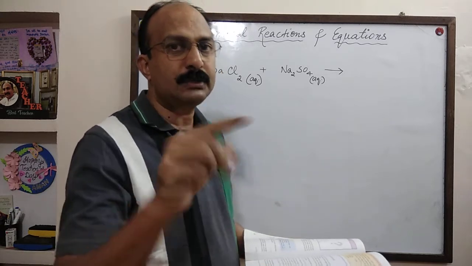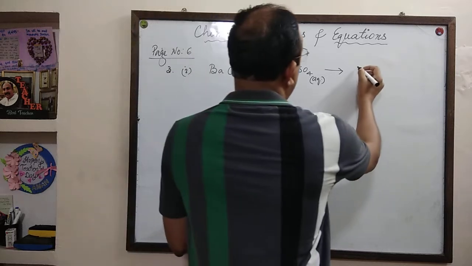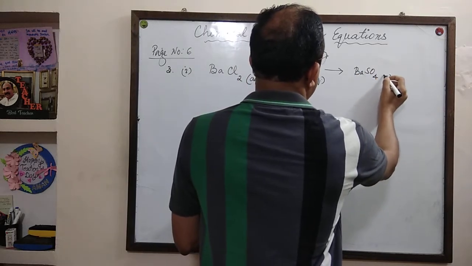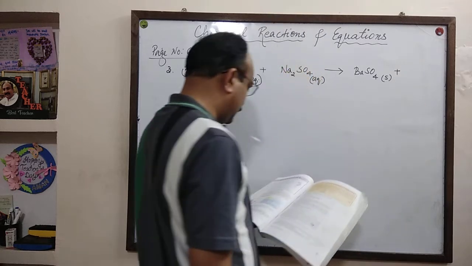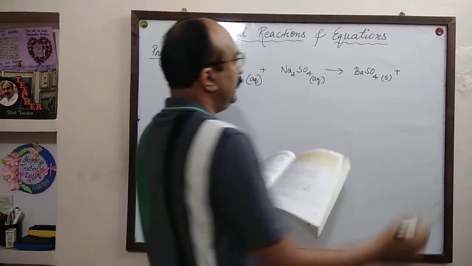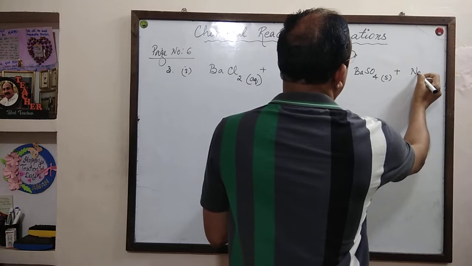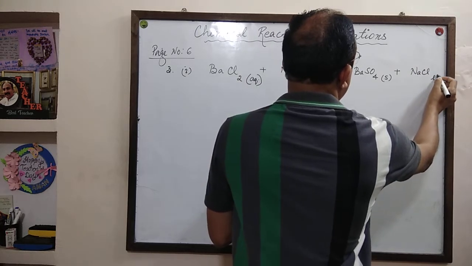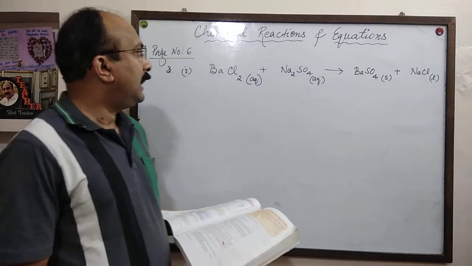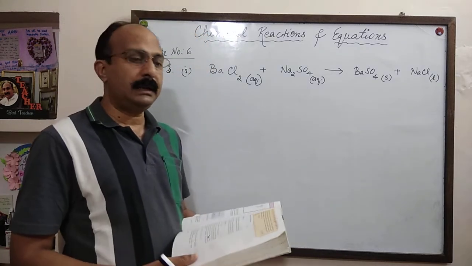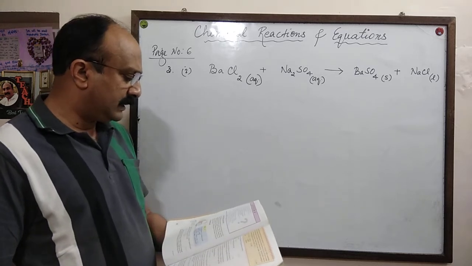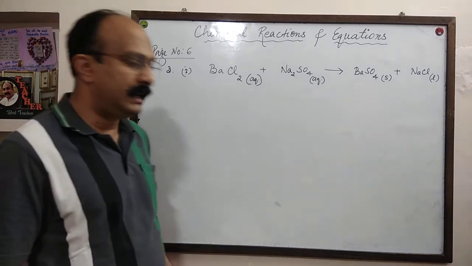Barium sulfate solid, that is BaSO4, S, plus solution of sodium chloride NaCl. Solution means L, liquid. So I have written the formula of reactant and product. BaCl2 plus Na2SO4 gives BaSO4 plus NaCl.